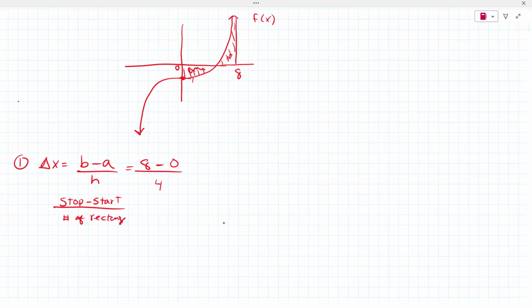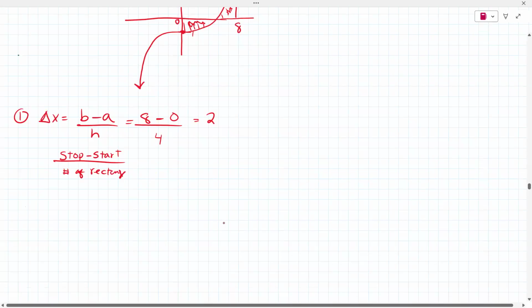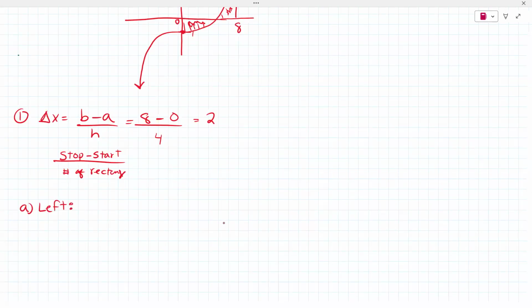So it's going to be 8 minus 0 over 4, which is 2. So let's do A, the left side. It's going to be delta x times f of x0 plus f of x1 plus up to f of x n minus 1.